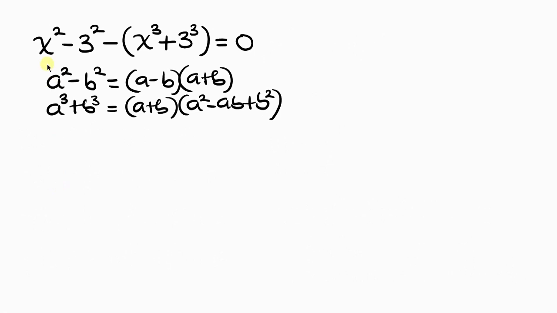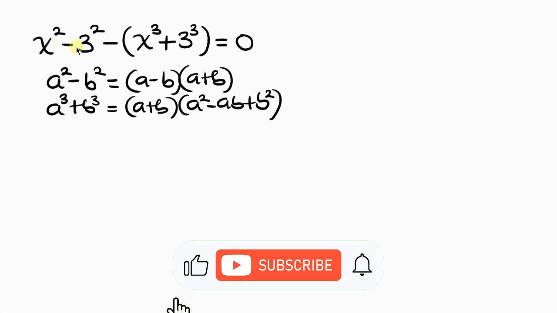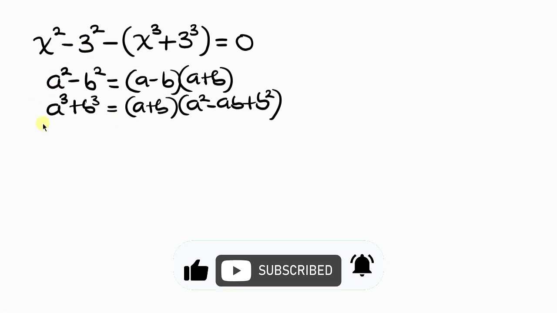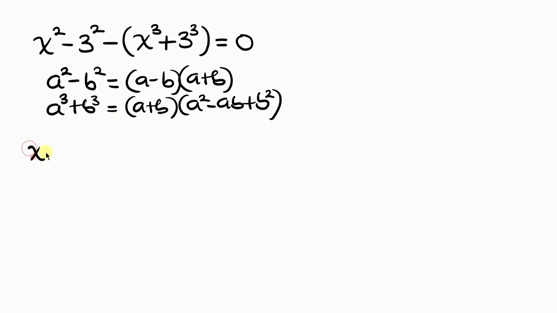So for the difference of two squares, I'm going to write it like this. This becomes x minus 3 times x plus 3. Very good. So this is for the difference of two squares. Minus, minus. So we open a bracket.